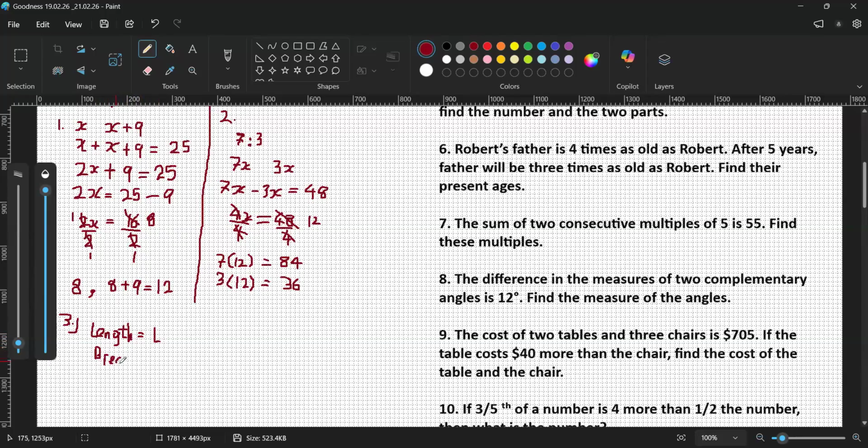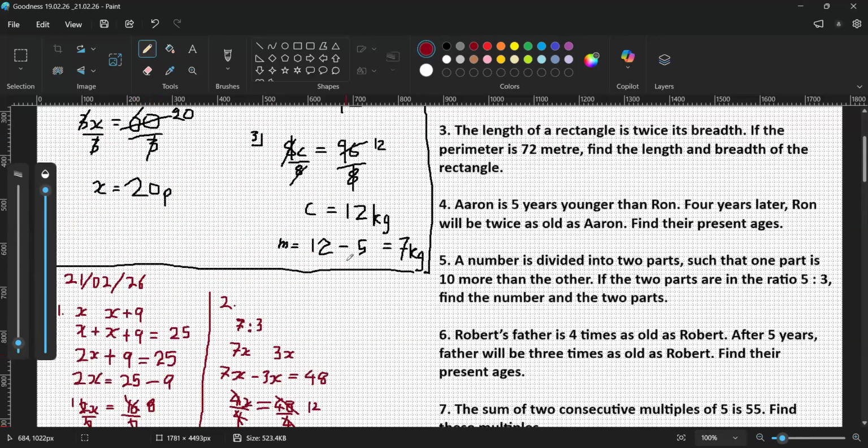B. Notice they said the length is two times the breadth. So you know what? Let me go with your first summation. Let's use B for breadth.